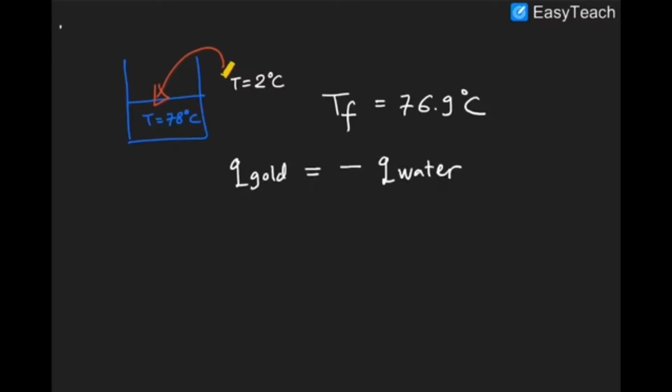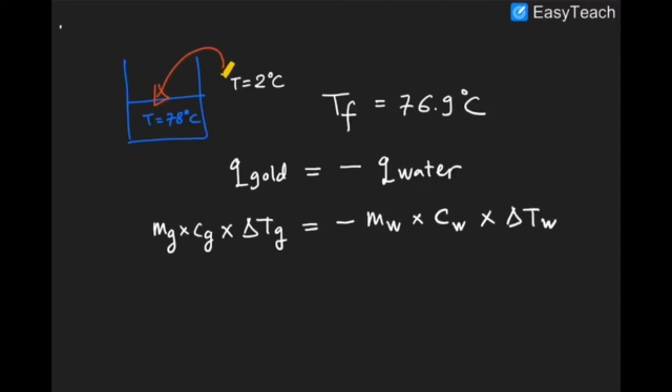So for each, we can calculate that the mass of the gold multiplied by the C of the gold multiplied by the ΔT of the gold will be the same as minus mass of water multiplied by C of water multiplied by ΔT of water.